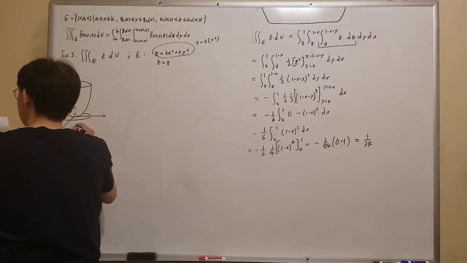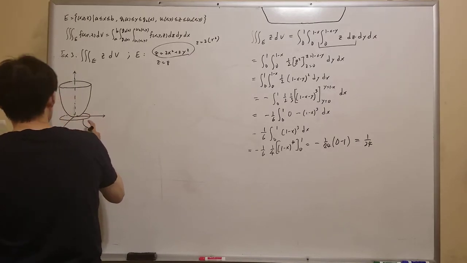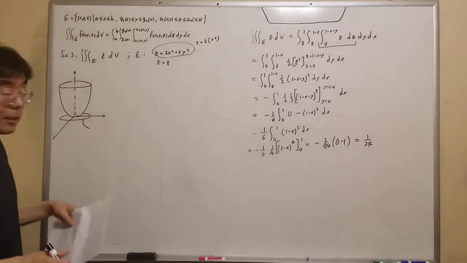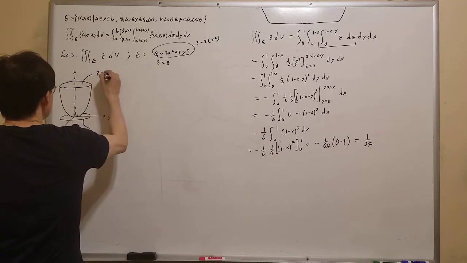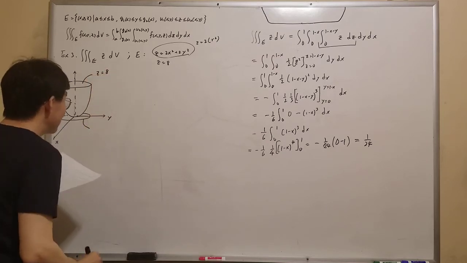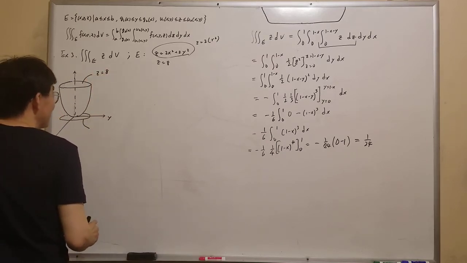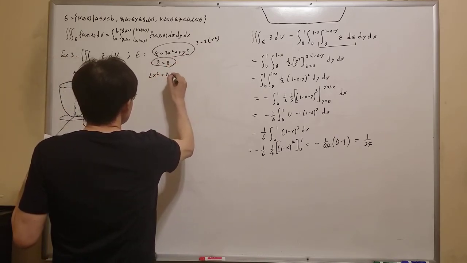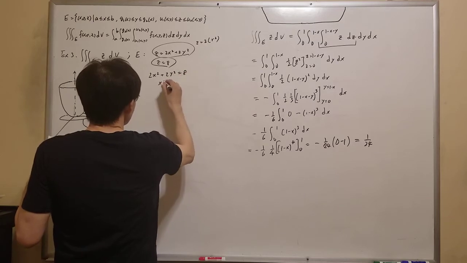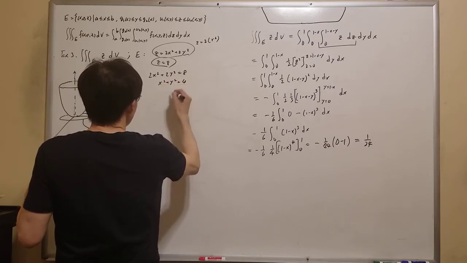Okay. This is the projection onto the xy plane. This time it is z equals 8. All right? So, if you solve these together, x squared plus y squared equals 4.